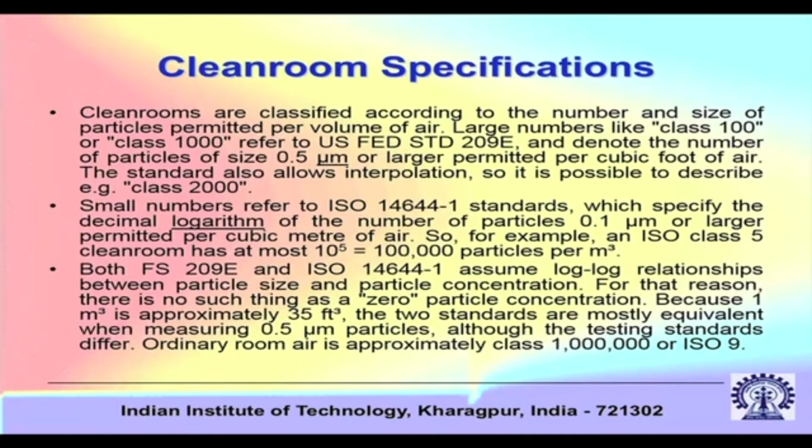So if you are told that it is a class 100 clean room, that will mean that you will have a maximum of 100 particles of size 0.5 micron or larger permitted per cubic foot of air in that room. That is the definition. There are several standards like ISO standards for specifying clean rooms.